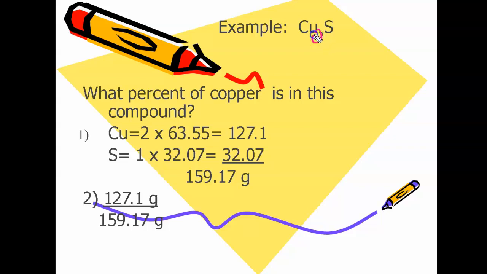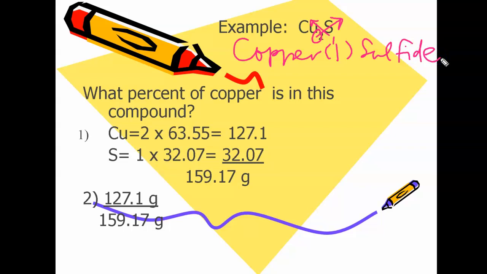Well, if I were to crisscross or uncrisscross these subscripts, I would find that, in fact, I have a copper 1, not a copper 2, so my Roman numeral is a 1, and this would be sulfide. Now, why is it not sulfate? Because it doesn't have any other nonmetals like oxygen. It is just a single nonmetal, so I have it ending in IDE.